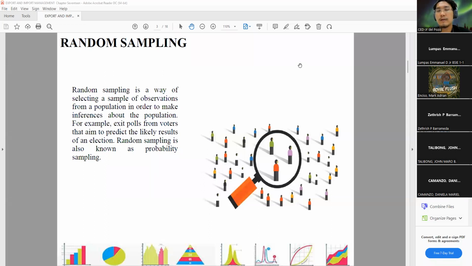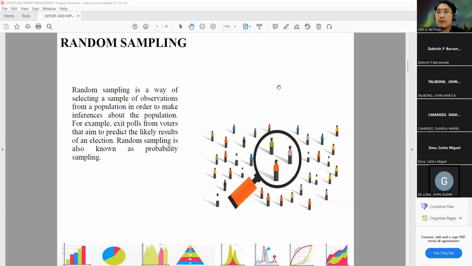You're not trying to get, kasi kailan ba siya magiging hindi na random? When, for example, in election polls, yung mga Pulse Asia. So hindi natin masasabi na reliable ang isang survey once you choose the most likely favorable to one particular candidate, for example, kasi the result is leaning towards the person na they support.